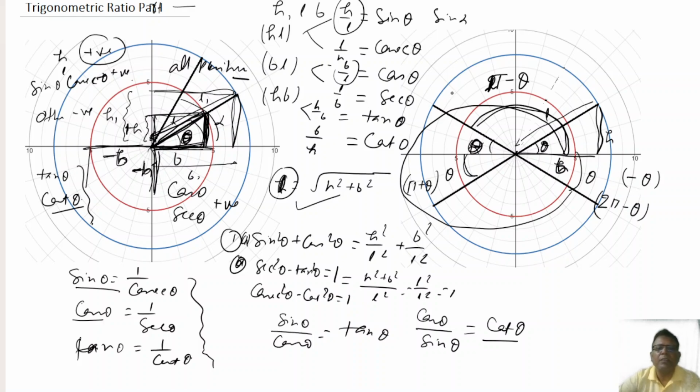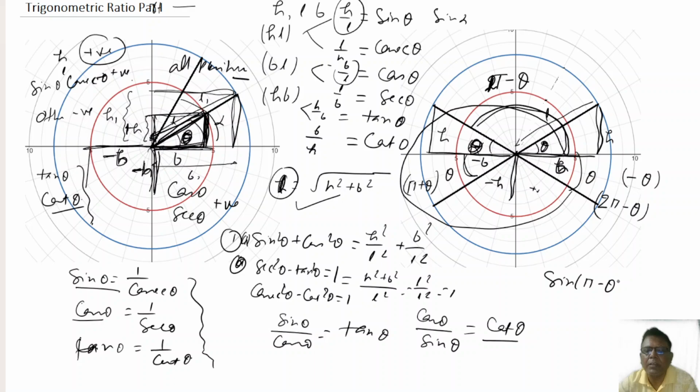So here you see h is positive, b is negative. Here b is also negative, here h is also negative. Here b is positive, but h is negative in the fourth quadrant. So what will be the value of sine pi minus theta?